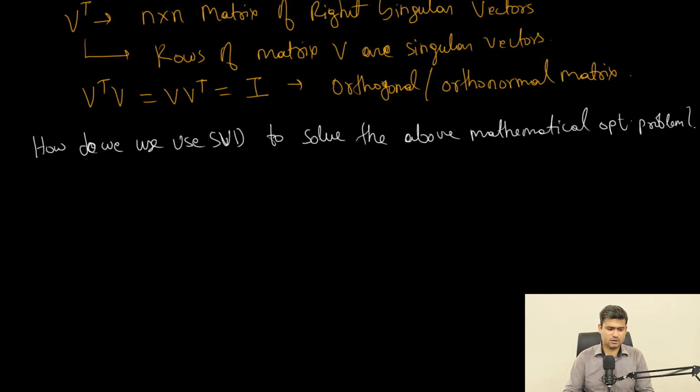So we have the following problem: minimize with respect to x the norm of Ax squared, subject to the constraint that the norm of x squared is equal to 1.